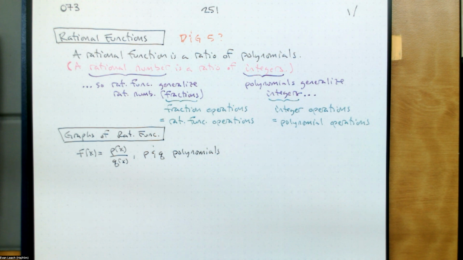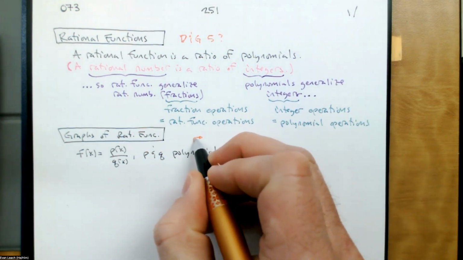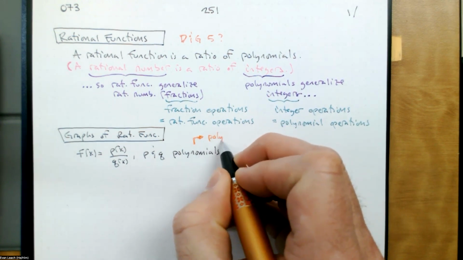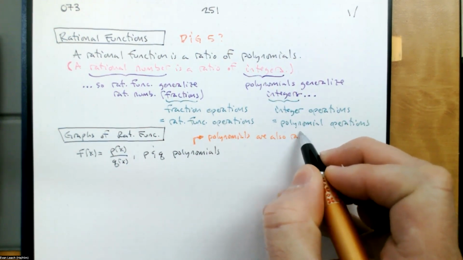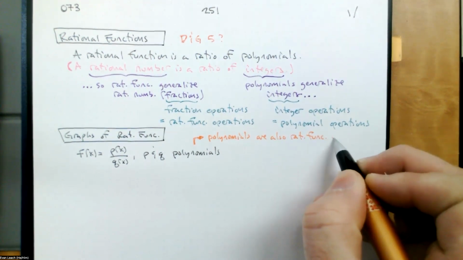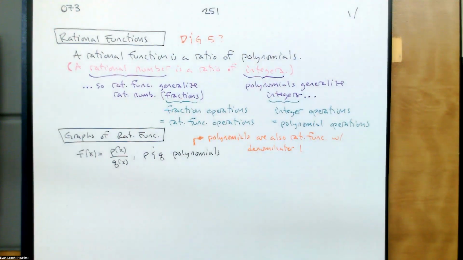Just like all integers are also rational numbers with a denominator of 1.